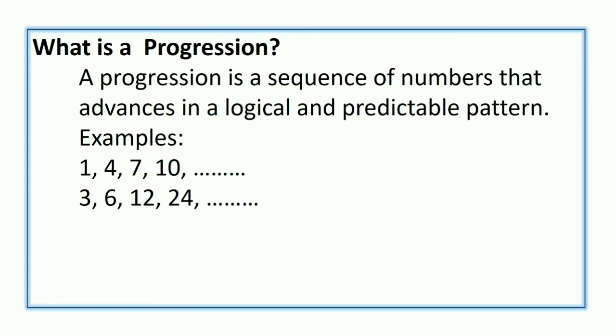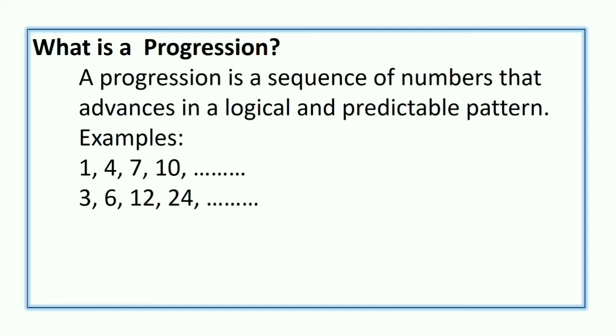So in the first example, it is clear that the difference between the first term and the second term is 3. Similarly, the difference between the second term and the third term is also 3, and it continues so. That means the difference between any two consecutive terms is 3, or it is a common number.